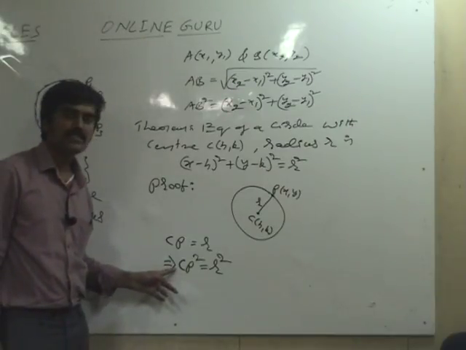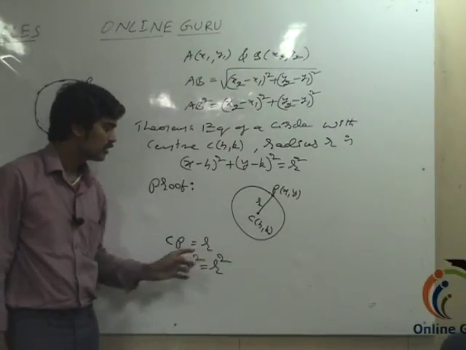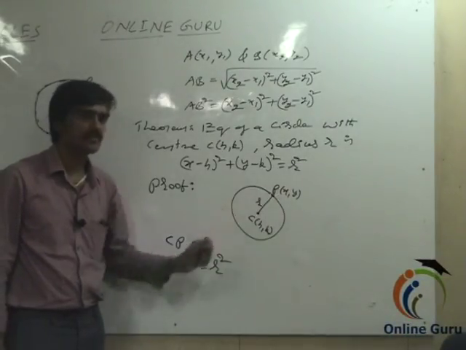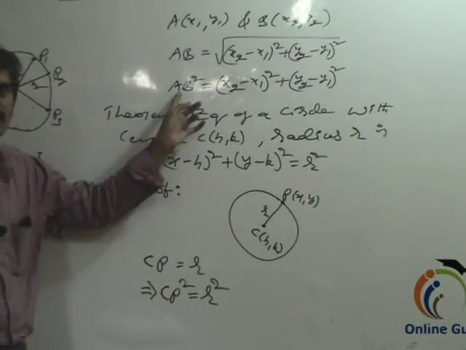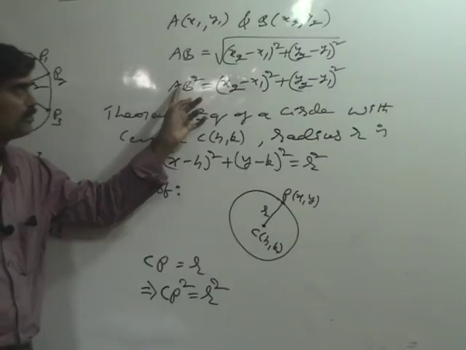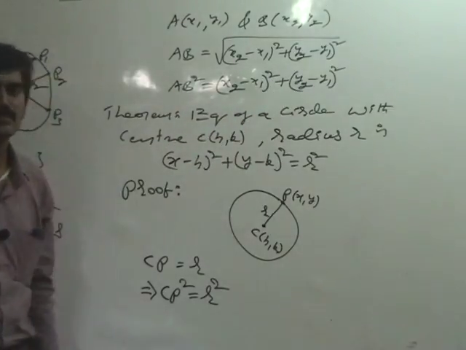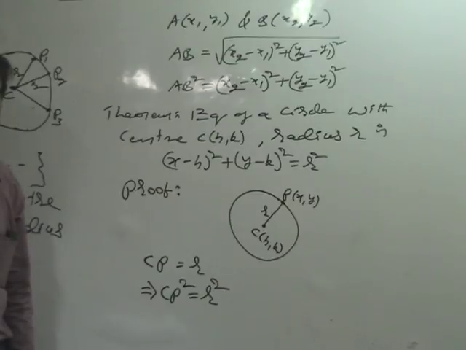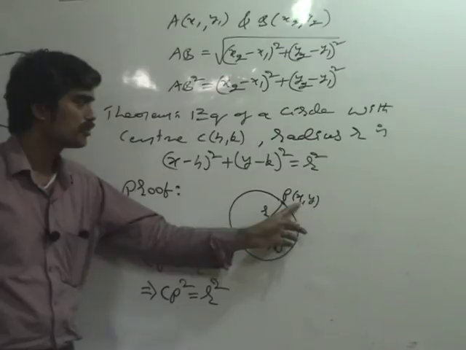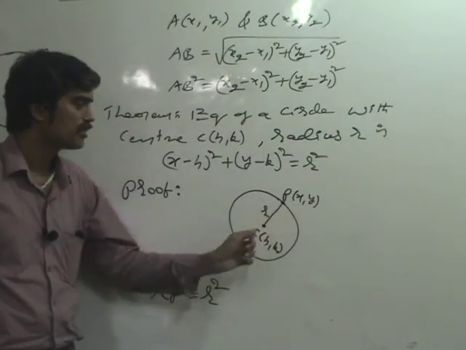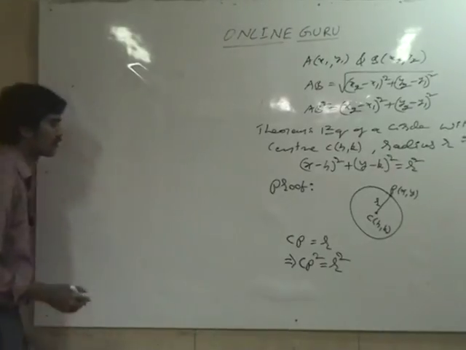You know the coordinates of C. C coordinates are (h, k) and P coordinates are (x, y). You need CP square. For this you use the formula AB square equal to (x2 minus x1) whole square plus (y2 minus y1) whole square. In the place of x2, y2, you substitute x, y. In the place of x1, y1, you substitute h, k.